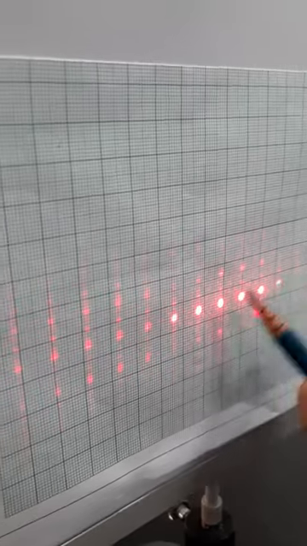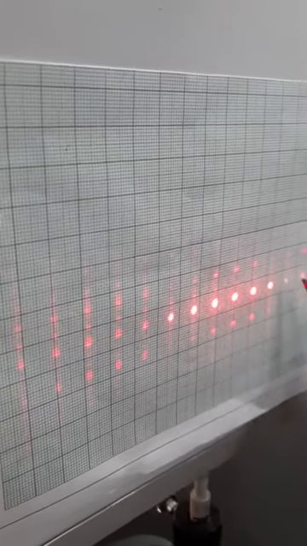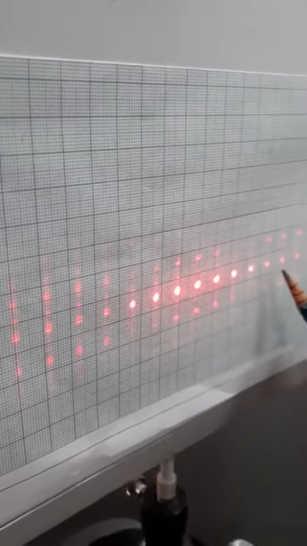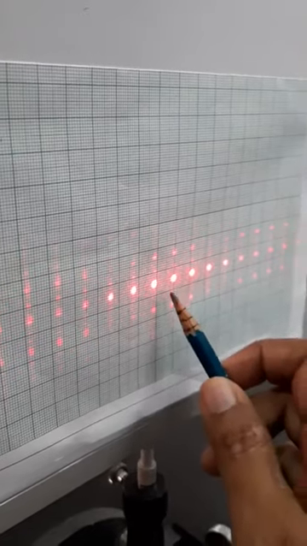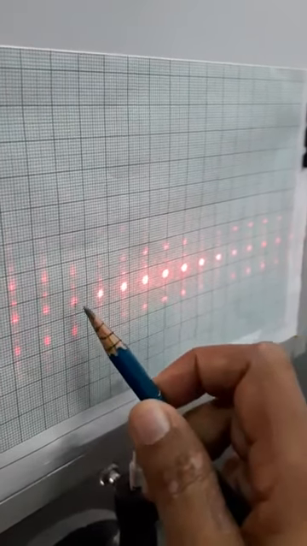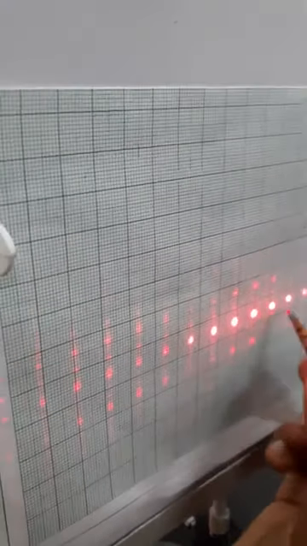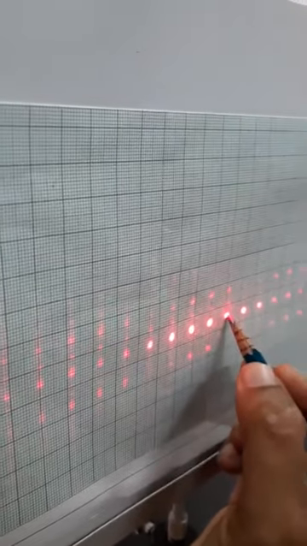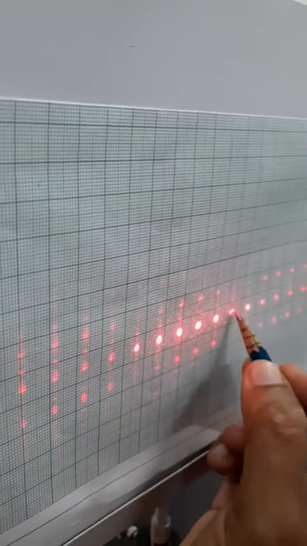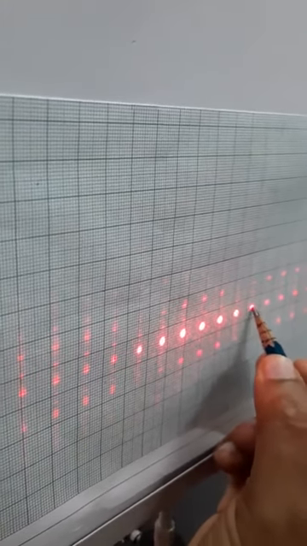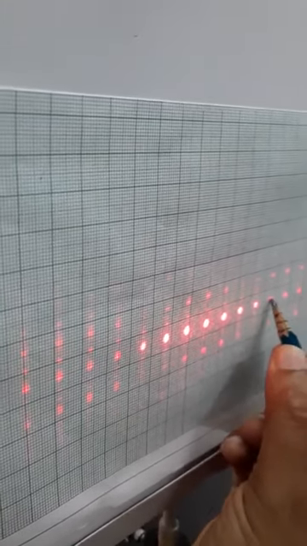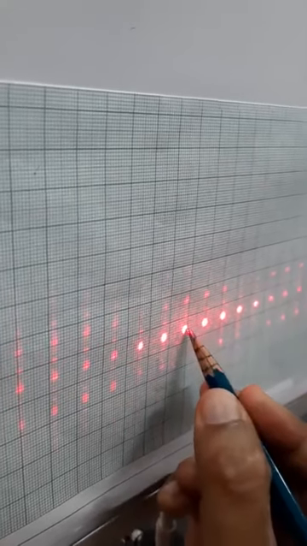Then on either side you have the first order maxima, second order maxima, third order maxima, fourth order maxima, and so on. To the left also you have first, second, third and fourth order maxima. So you have to mark the position of these maxima. Similarly to the other side.